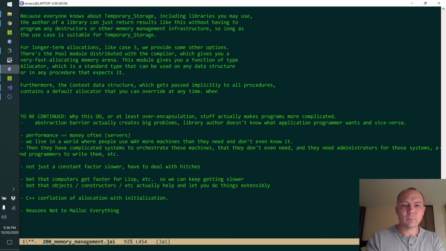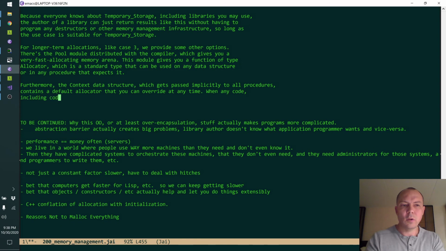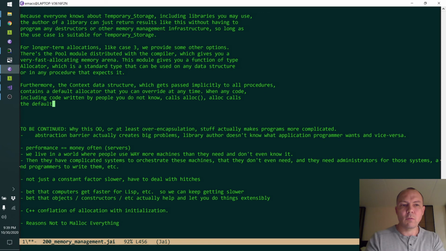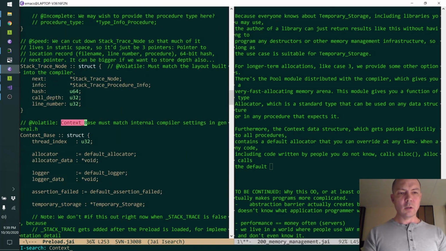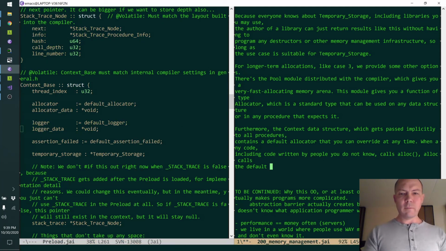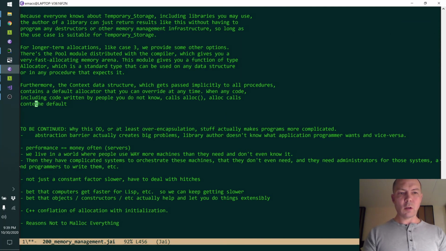When any code, including code written by people you do not know, calls alloc, alloc calls context.allocator to actually get the memory.